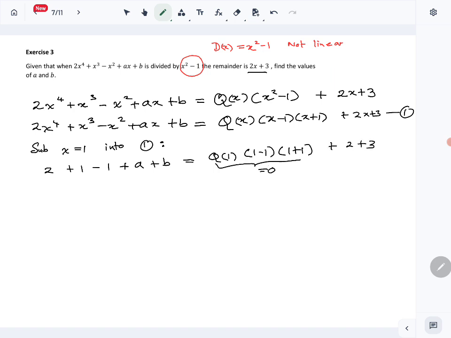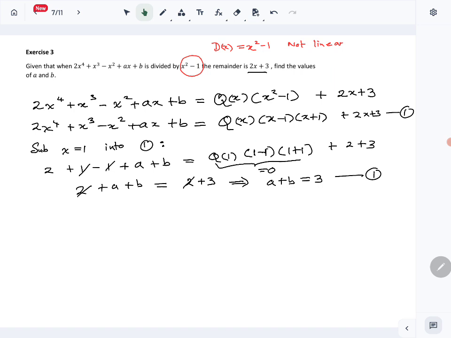This becomes 0 because 1 minus 1 is 0. So what do you get? You get 2a plus b equals 2 plus 3. So 2 and 2 cancel. First equation, a plus b equals 3. Right. This is not enough. We have two unknowns, so you have to make another equation.